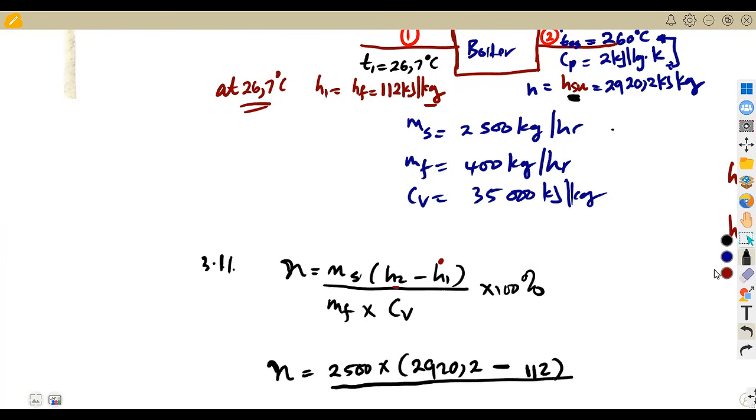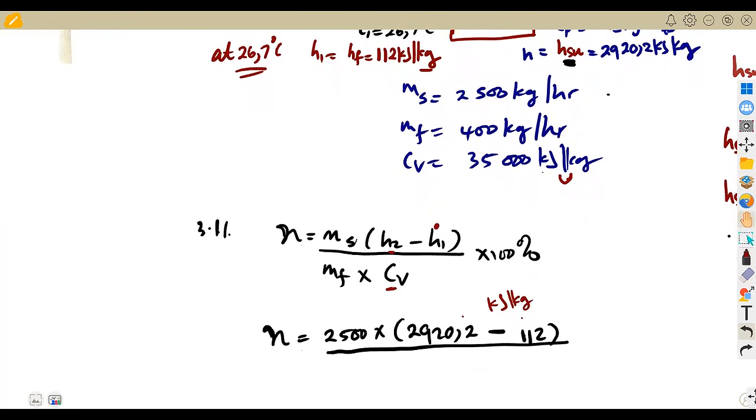All right, so since these values for H2 and H1 are in kilojoule per kg, it means your calorific value must also be in kilojoule per kg. So this one is already in kilojoule per kg. Sometimes they give it to you in megajoules per kg. You have to change that to kilojoule per kg.